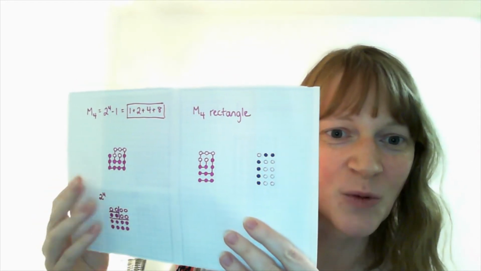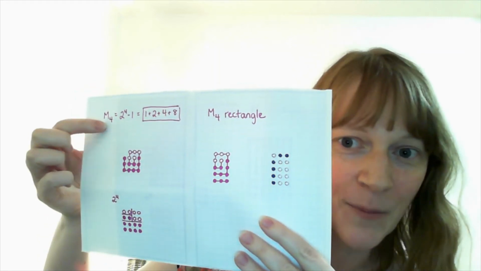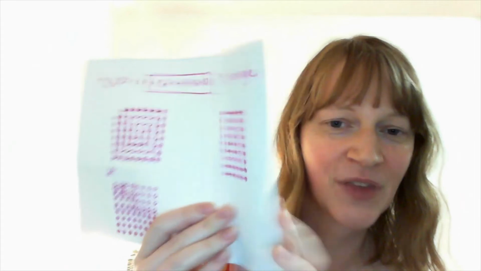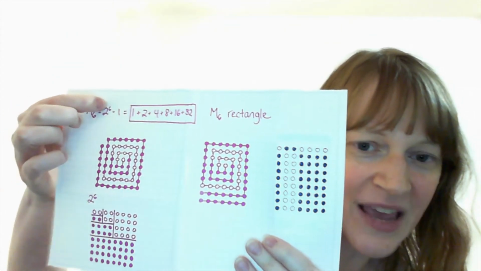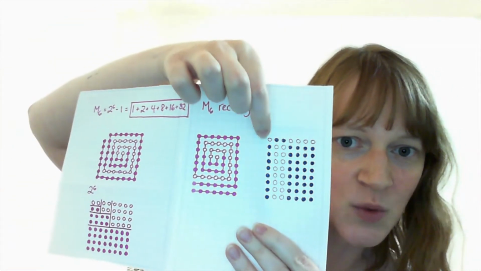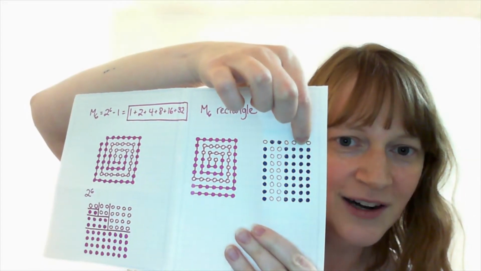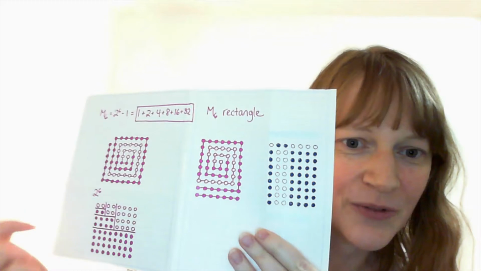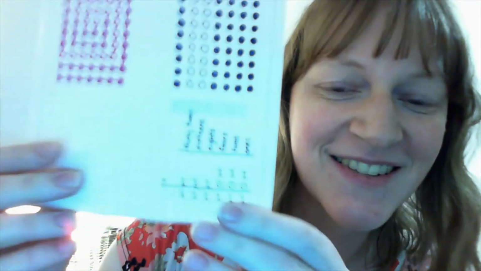We can do that with every Mersenne number where the exponent is even. Here it is with the exponent being the number 6. Here's 1 plus 2 plus 4 plus 8 plus 16 plus 32. I love how elegant this representation is.